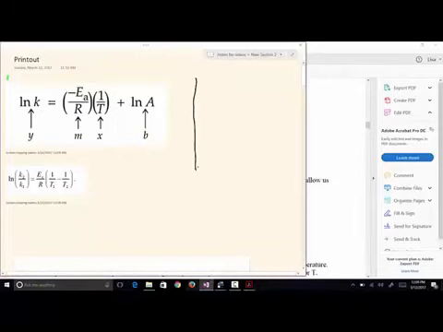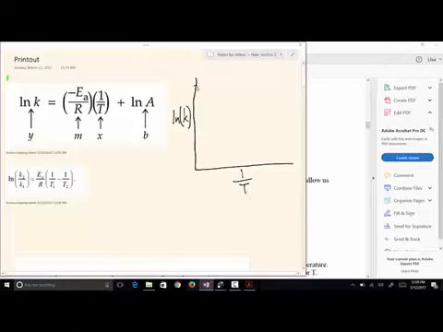So remember, we're dealing with a lot of graphs in this kinetics chapter, and what we want to see here is that in this format, we're plotting the natural log of the rate constant versus 1 over the Kelvin temperature.